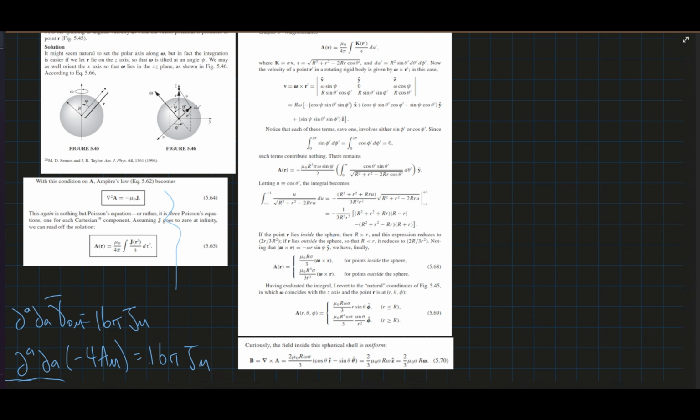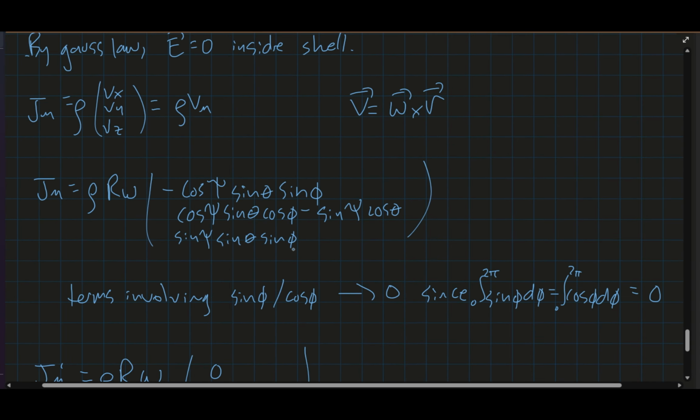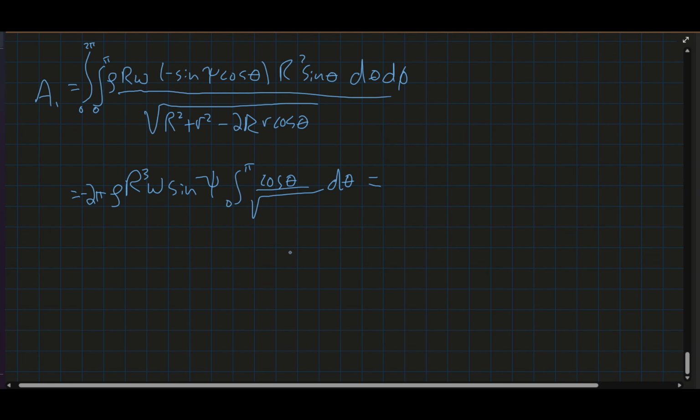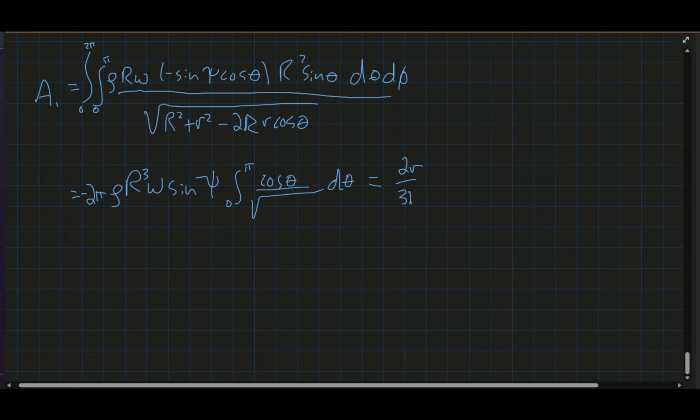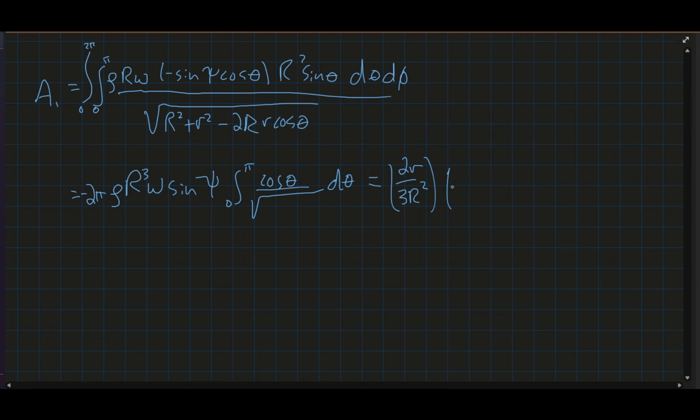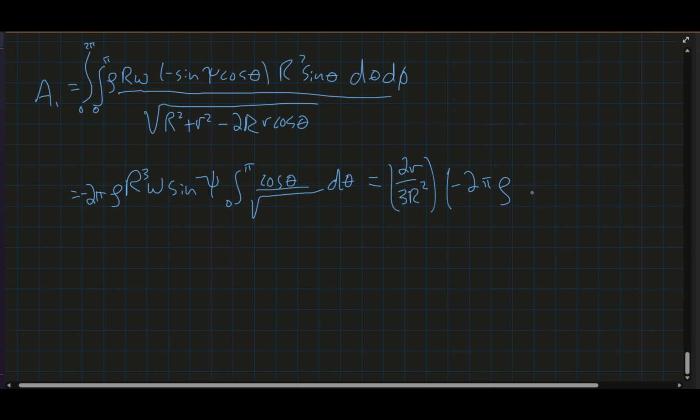So the messy integral expression reduces to 2r over 3r squared inside the sphere. So we can use that as our integral. Can write it here, times minus 2 pi rho r cubed omega sine psi.